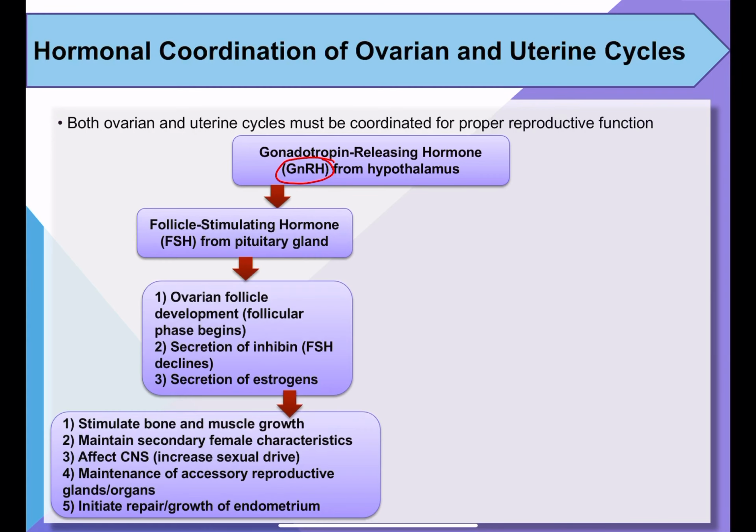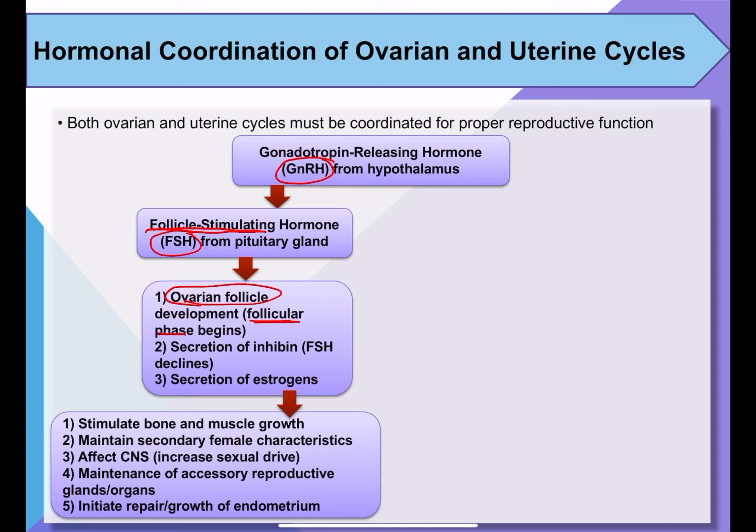Just as in the male reproductive system, GnRH stimulates your pituitary gland to make FSH, and hence that's why it's called follicle stimulating hormone, because it stimulates development of ovarian follicle, and your follicular phase of the ovarian cycle begins. That's why it was named follicle stimulating hormone.